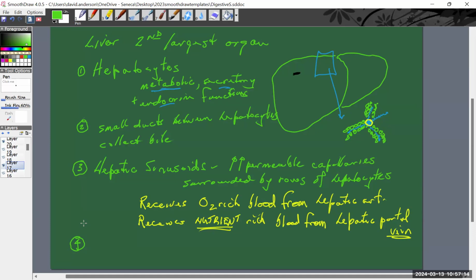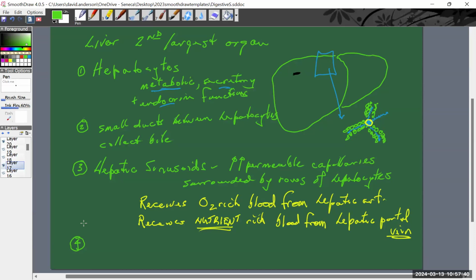So that vein, the hepatic portal vein, we've seen a portal vein before. There's a portal circulation between the hypothalamus and the anterior pituitary gland as well. But when you put that word portal in there, it means you've got a capillary network that originated from a set of veins. So veins contribute to the entry point and the exit point.